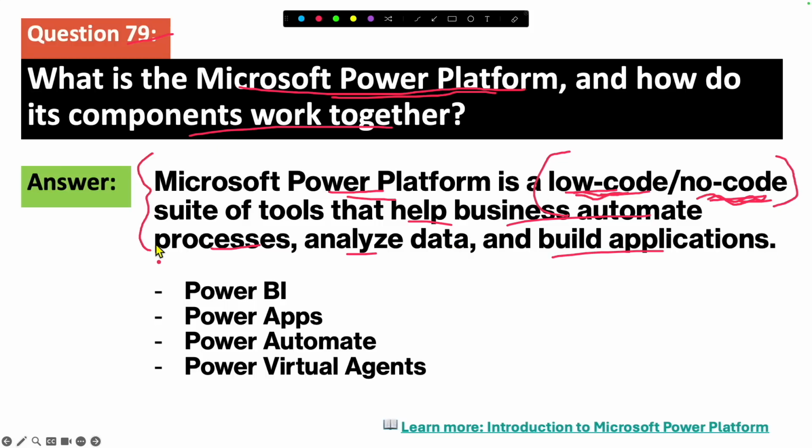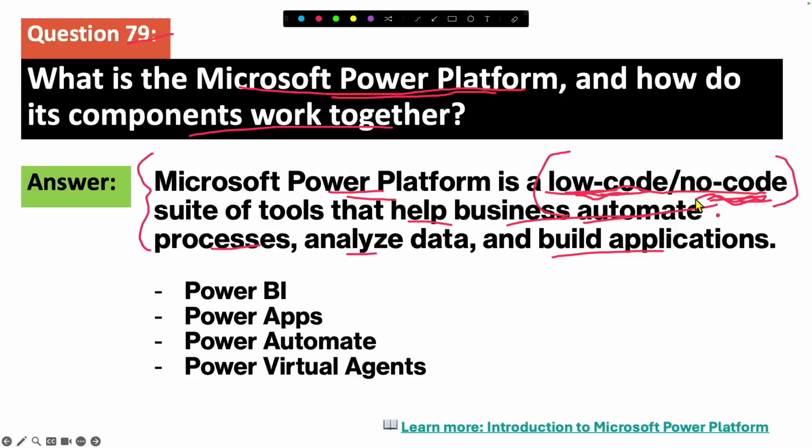I'm going to read one more time. Power Platform is a low code, no code suite of tools that help any business to automate processes, analyze data and build applications. This is how I would put it together. Even if you don't put it exactly like this, I don't want you to memorize the answer by heart, but just get these two or three key points. One, it's a low code, no code platform.